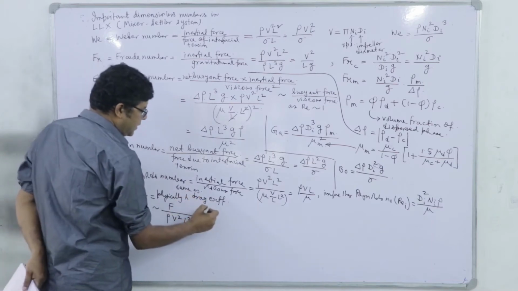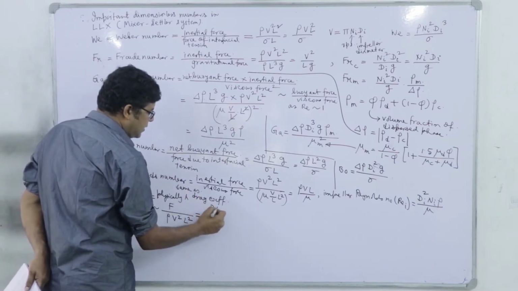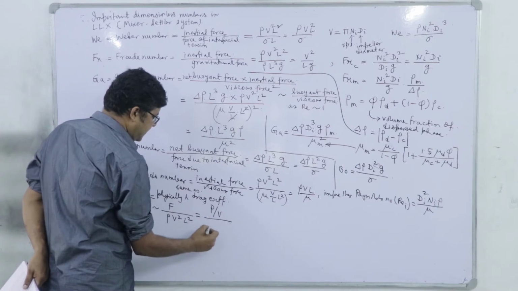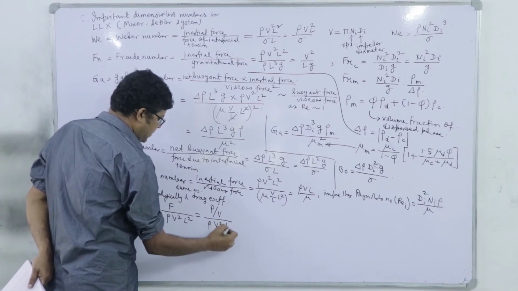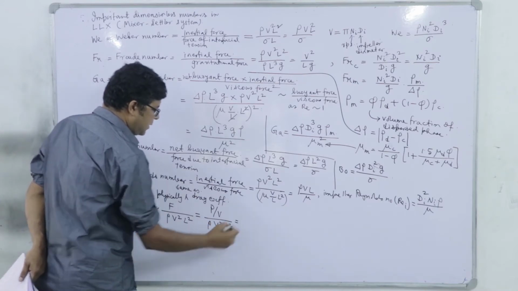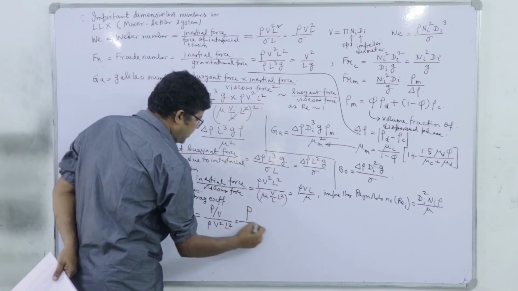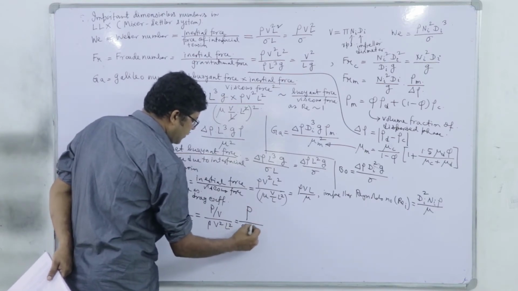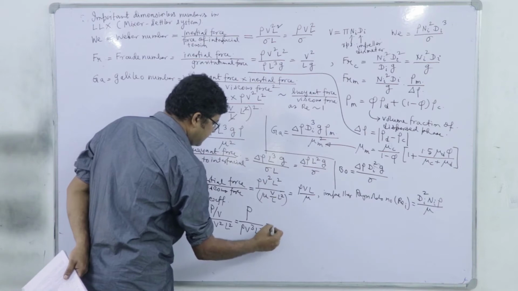Now, the force we can write as power by velocity into rho v squared L squared. So, this becomes P divided by rho v cubed L squared.